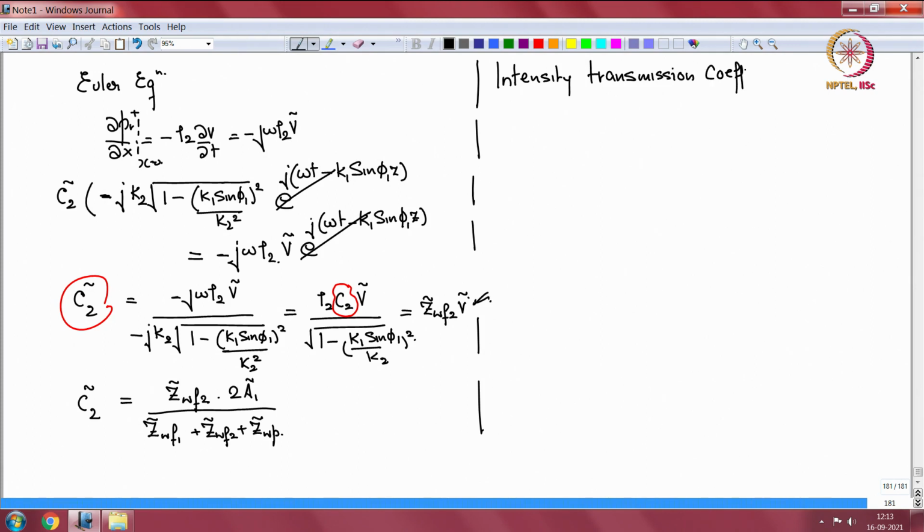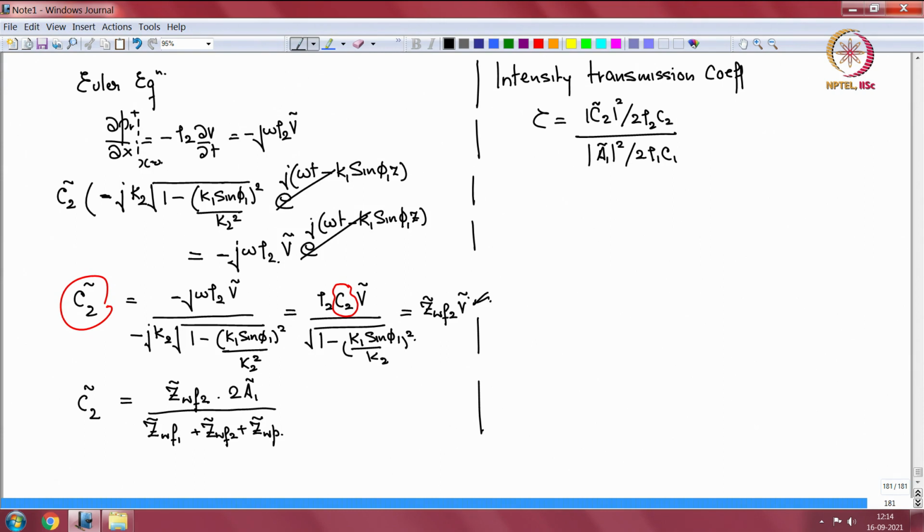The intensity transmission coefficient tau is given by C2 tilde magnitude square by 2 rho 2 C2 divided by A1 tilde magnitude square by twice rho 1 C1. Because the media are different, there is refraction.